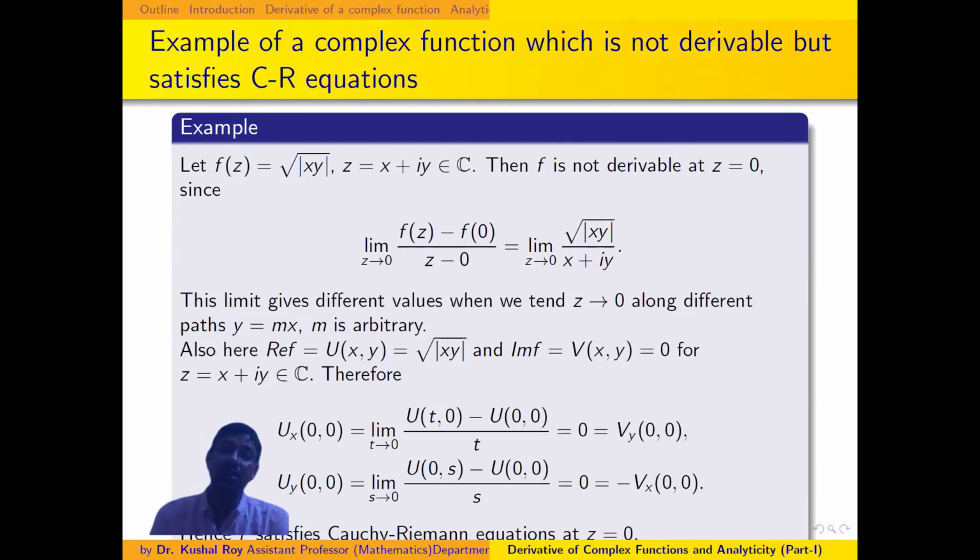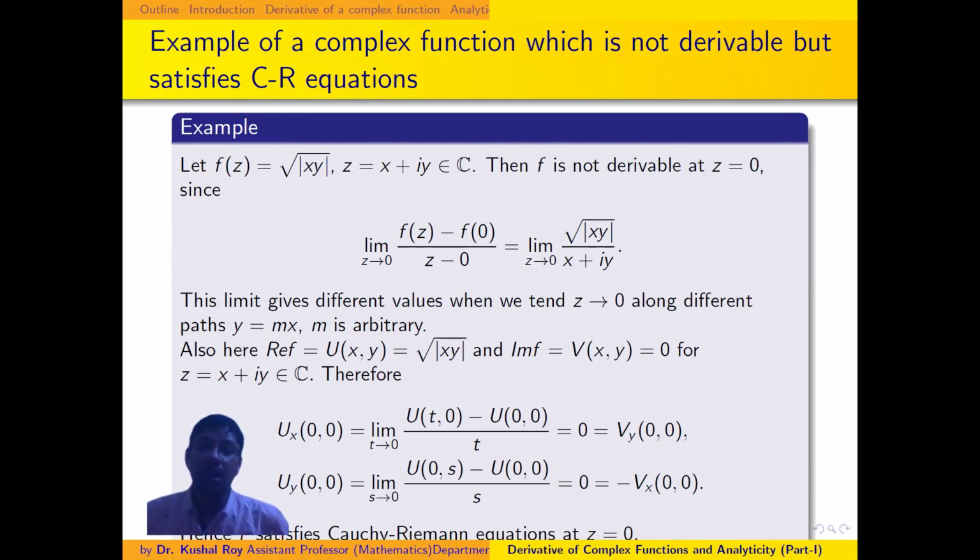Now let us consider an example of a complex function which is not derivable but satisfies Cauchy-Riemann equations. Let f(z) equal root over mod xy, where z equals x plus iy.